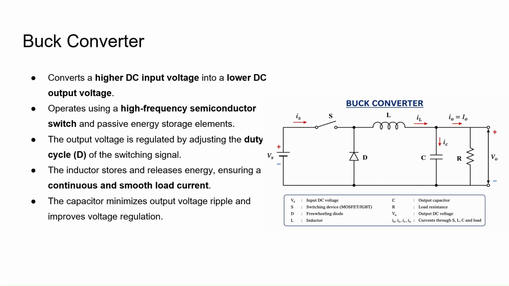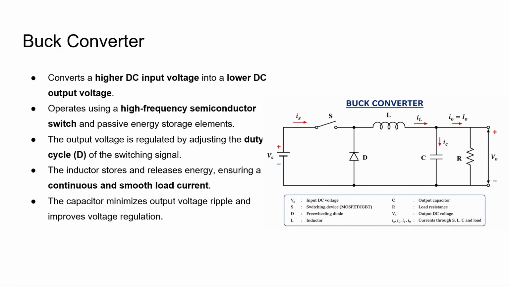A buck converter consists of a higher DC input and the output will be a lower DC value. It uses a high frequency switch along with passive energy storage elements such as an inductor and capacitor. The switch controls the energy transfer from the input side to the output side.